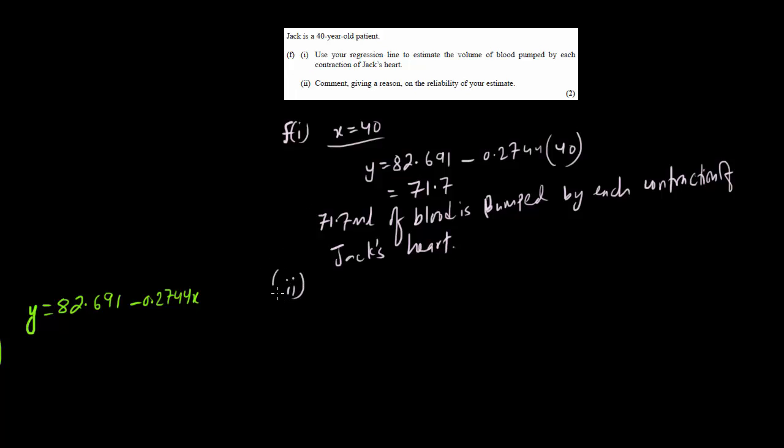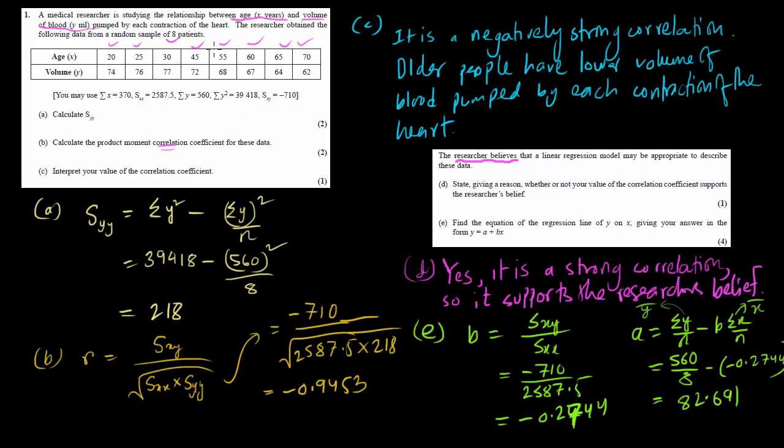In part 2 we have to comment and we have to give a reason. Now remember, in order for the regression line to work, we have to take a look at the data set. If 71.7 is inside the data set, then it is reliable. If it is not, then it is not reliable. So let's take a look over here. We have 74, we have 77, we have 72, we have 76.